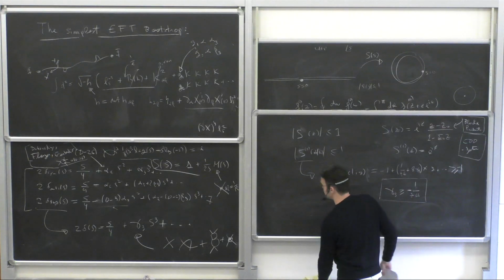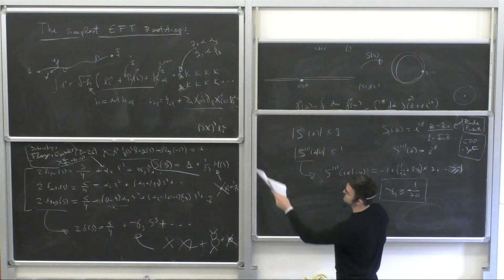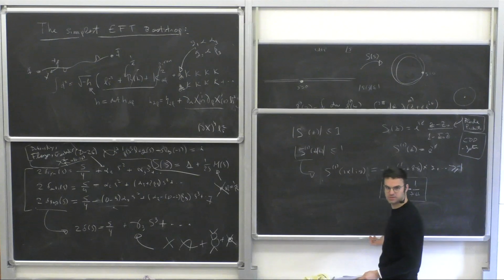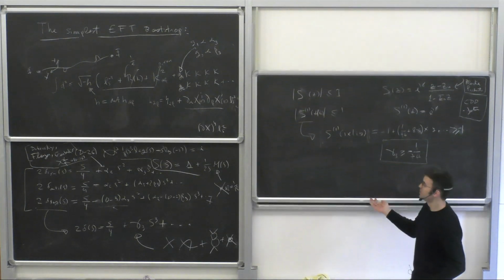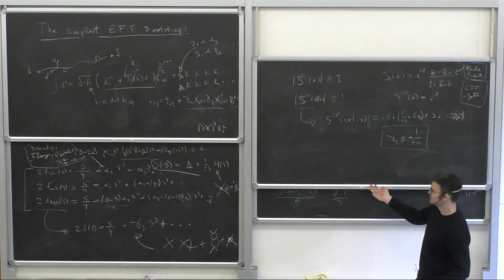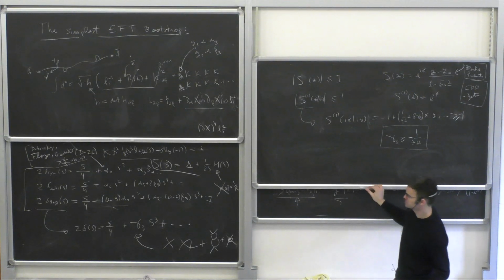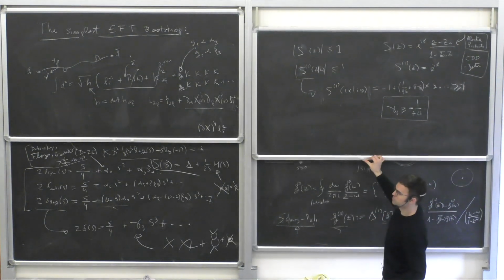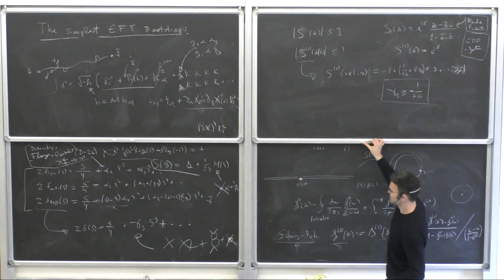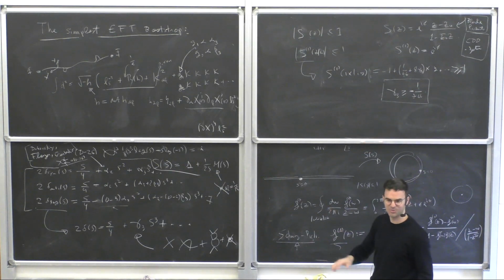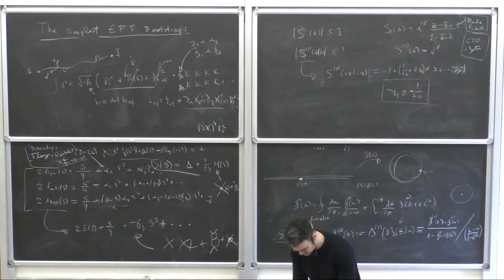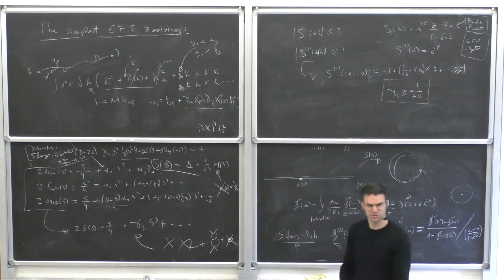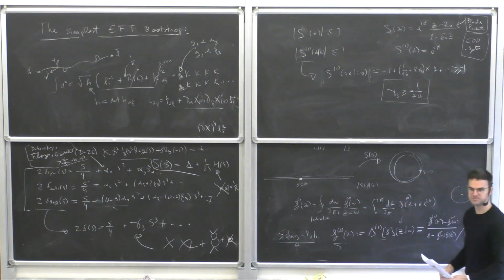Now, this is what I'm calling the simplest example of an EFT bootstrap, which allows us to bound, optimally in the 2-2-2 sector, the Wilson coefficient in the low energy expansion. But now I would like to show you that as soon as we complicate the problem slightly, we don't know how to solve it anymore, and then we need to switch to numerics.